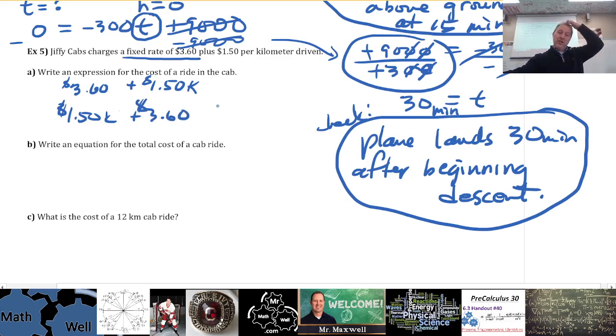Now, the equation for the total cost, this is just adding an equal sign and another variable. So cost will be our second variable, and probably a good idea to make cost equal to C. So that means that C, the cost, equals this expression right here. And I'll put the variable term first.